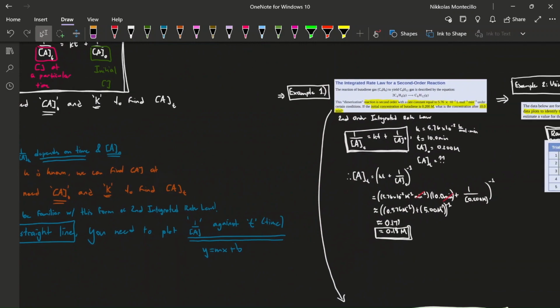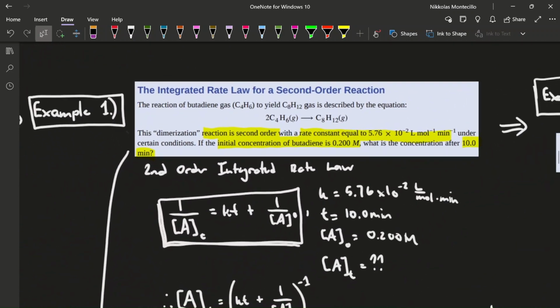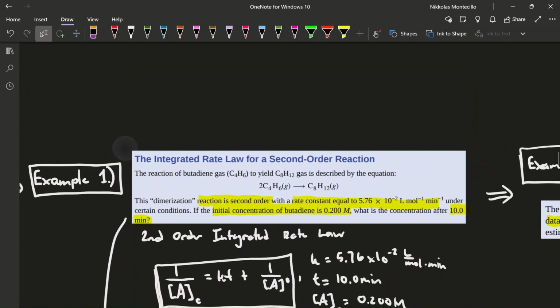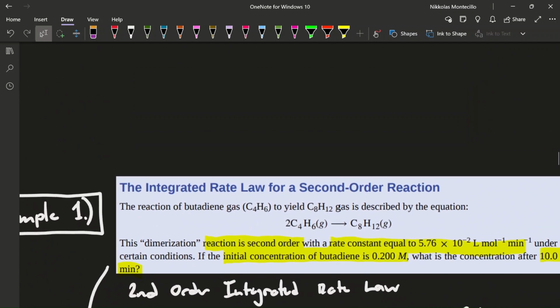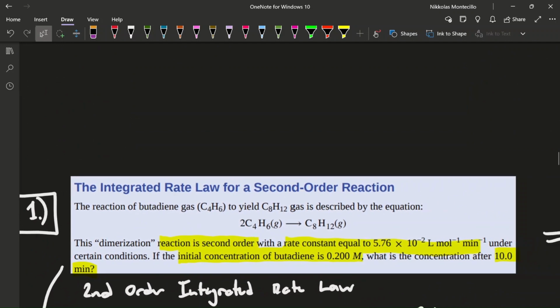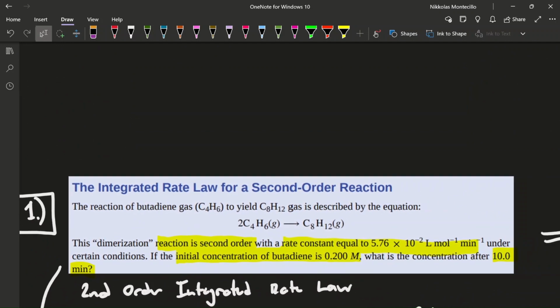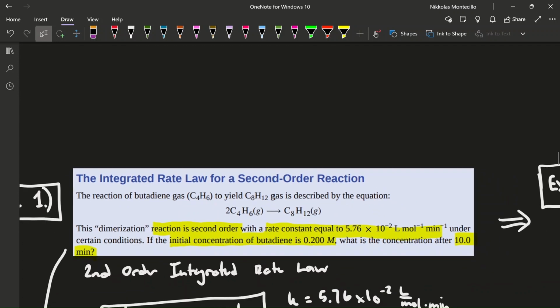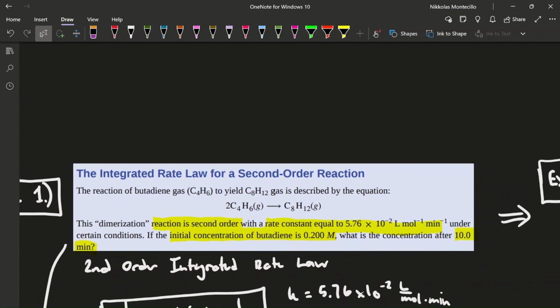So let's go through an example. The dimerization reaction of butadiene gas C4H6 to yield C8H12 gas is described by the equation 2C4H6 produces C8H12. This dimerization reaction is second order. Remember that stoichiometric coefficients do not equal reaction orders.